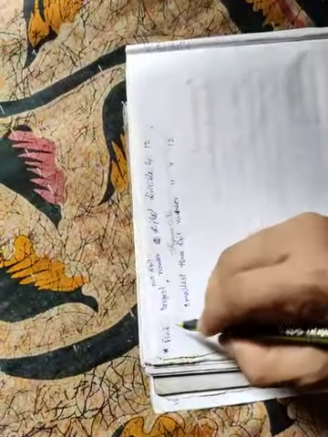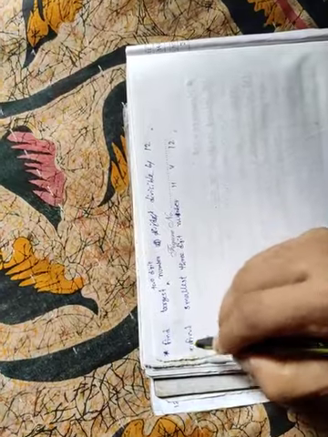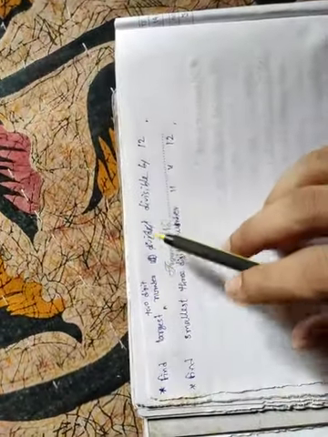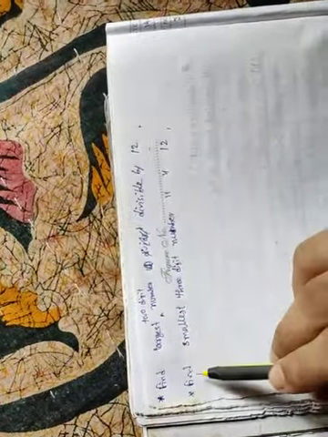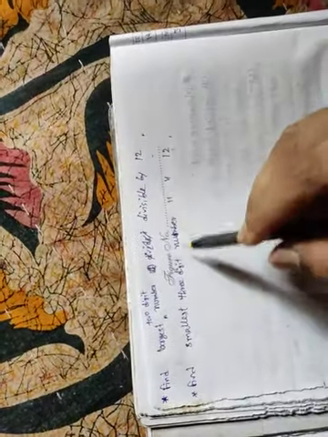There are two sums. How can I do this? Find the largest 2-digit number divisible by 12. Find the smallest 3-digit number divisible by 12. Okay, how can I do this?